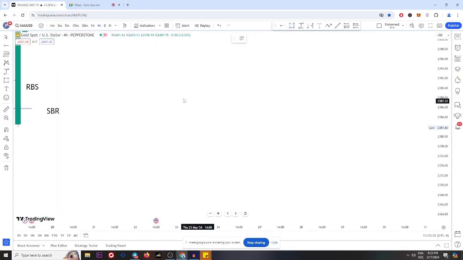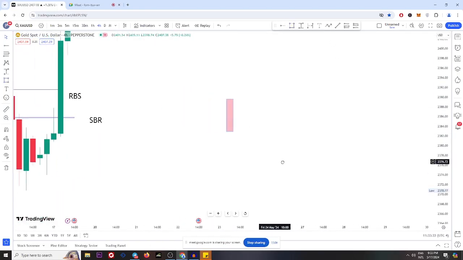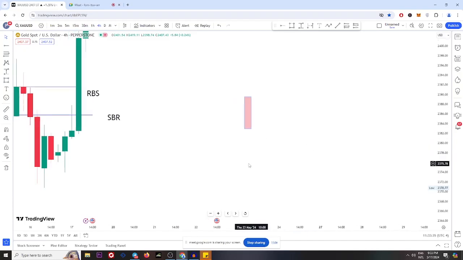You guys getting my point? Yes, it is a support, right? Just think like it is in the middle. Now when we see this type of candle, what is our expectation? Market will go up, right? Market will go up.